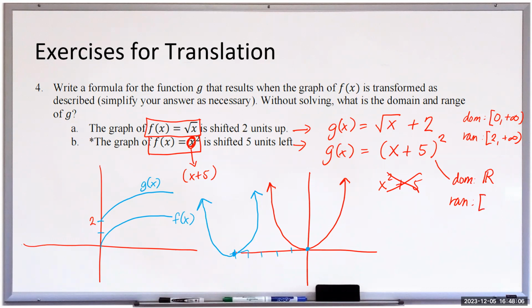So the range would be from 0 to positive infinity. Okay? So that is how you determine the equations of transformed functions plus their domain and range. Okay, so I will stop here for this video and in the next video we will continue with reflection.